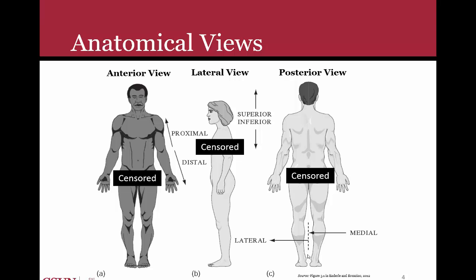If you were to take this imaginary line and go all the way through the patient and cut this person, you would have pretty much a symmetric view of this person on each side. That's the medial line. That's where your reference is. So anything that's closest to the medial line is medial. Anything away from the medial line is lateral.